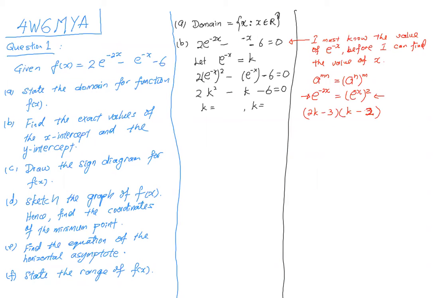Okay, I think now you can get a nice one, if I'm not wrong. e to the power negative x. So we get 2 and we get negative 1.5. Okay, so here will be 2.